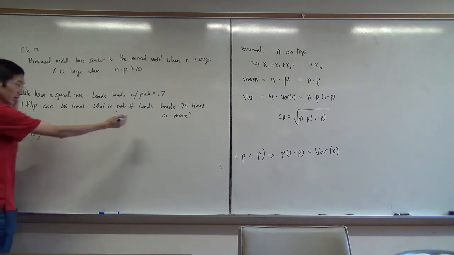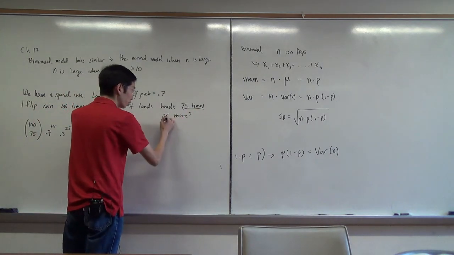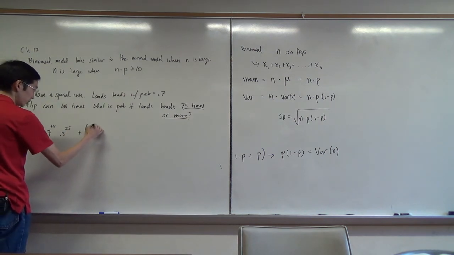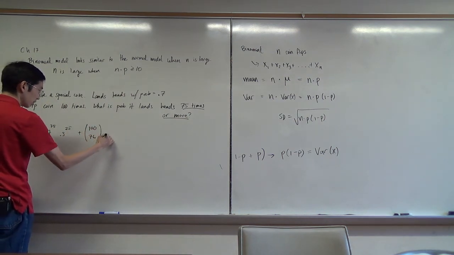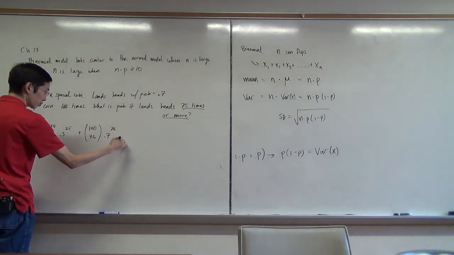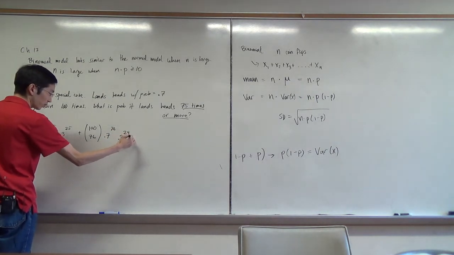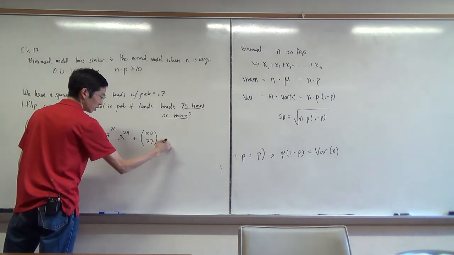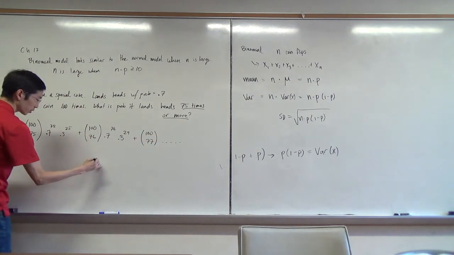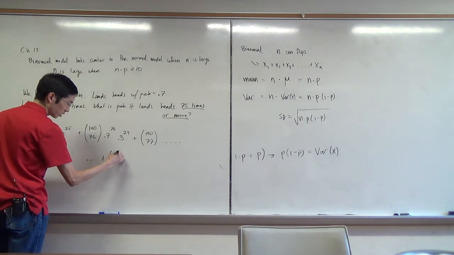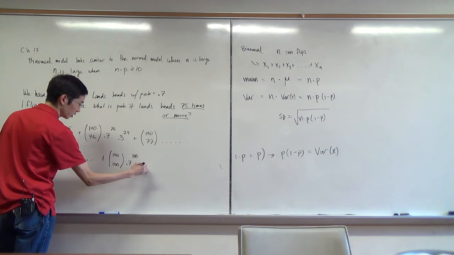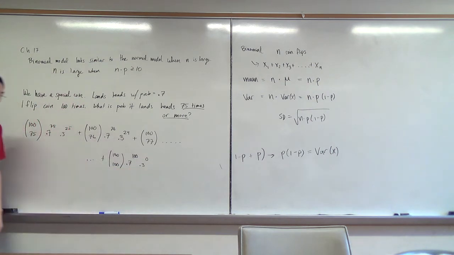But it says 75 times or more, so I'd also have to do 100 choose 76 times 0.7 to the 76 times 0.3 to the 24, plus 100 choose 77, all the way up to 100 choose 100 times 0.7 to the 100 times 0.3 to the 0.